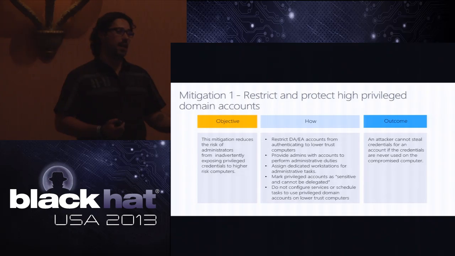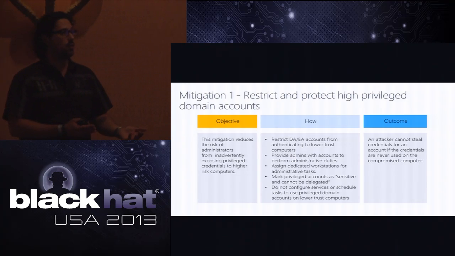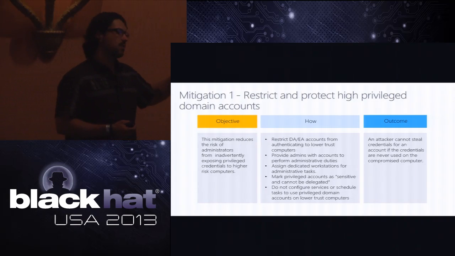Also, if we combine that with images having the same password, it becomes really trivial for an attacker to compromise an infrastructure, because they increase their attack surface if they haven't already compromised a machine that has those privileged accounts. They can increase their attack surface significantly, and obviously it becomes a problem. So what we wanted our customers to do is to protect those privileged accounts.